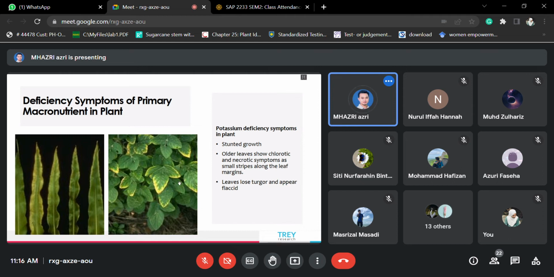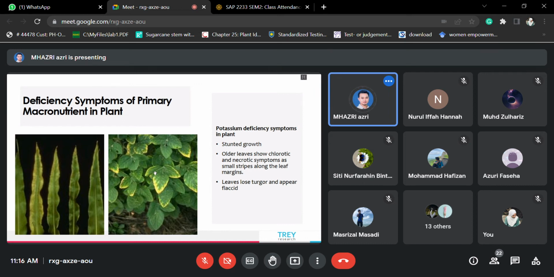Okay. So sama juga macam leaf will lose turgor and appear flaccid, because the concentration of potassium is crucial for the osmoregulation process. So lack of potassium will cause lack of water in plant tissues.